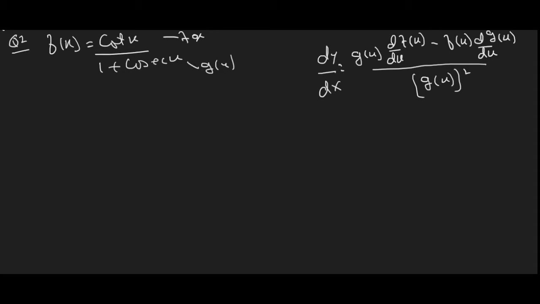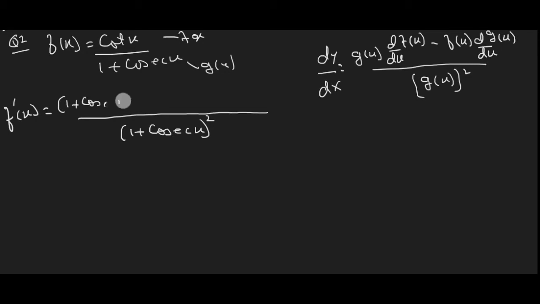Now using this formula in this question, we can write f dash of x is equal to 1 plus cosecant x whole square, and it is 1 plus cosecant x d by dx of cot x minus cot x d by dx of 1 plus cosecant x.